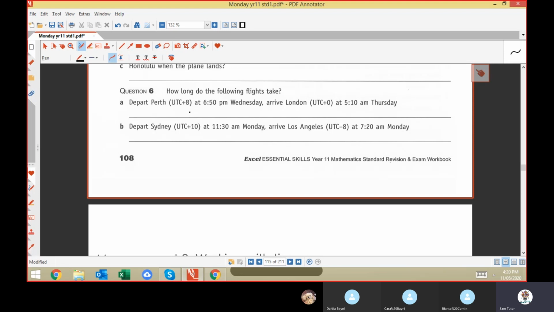So if it's 6:50 p.m., I would first subtract my 8 hours behind, so I'll know exactly what time it is London time when I left Perth. So 6:50 take away 8 gives me 12, so then 10:50 a.m. London time when I departed.